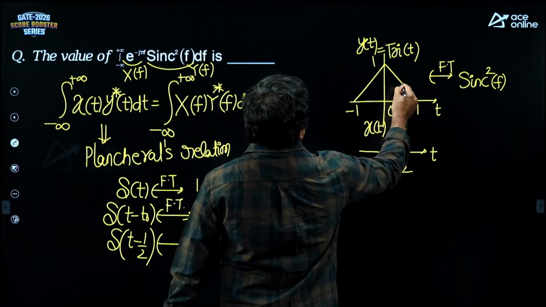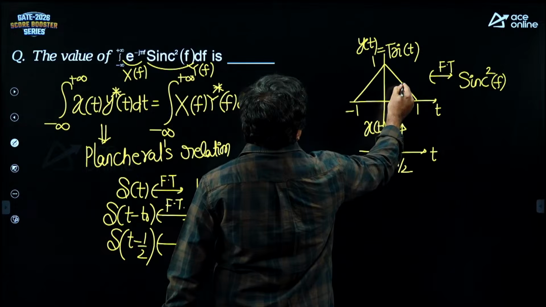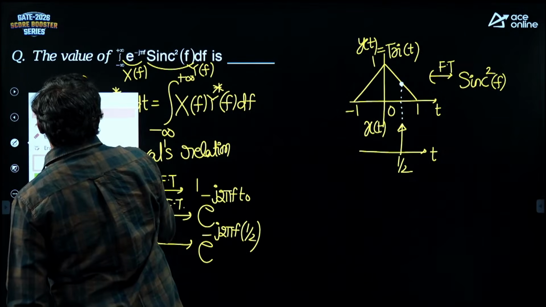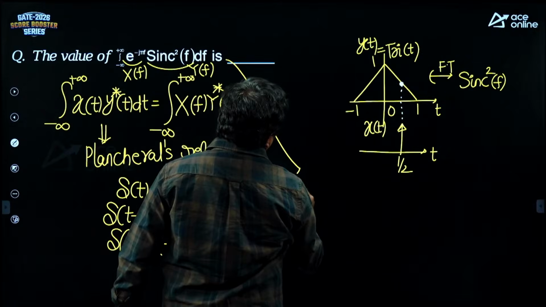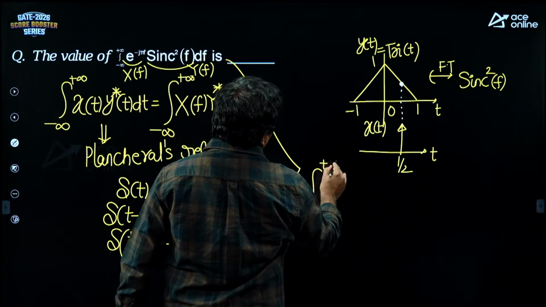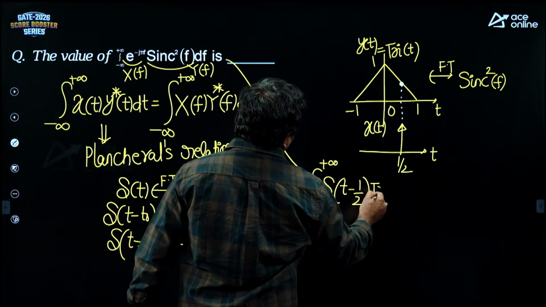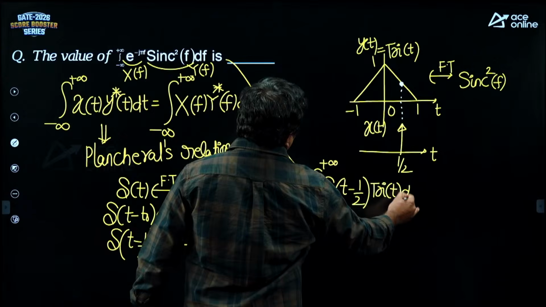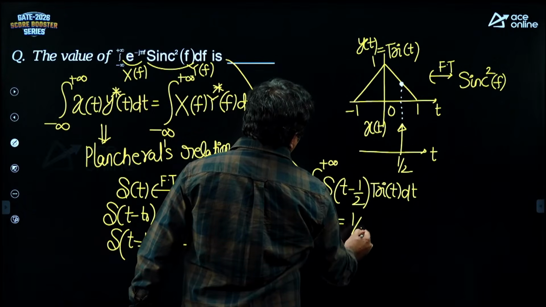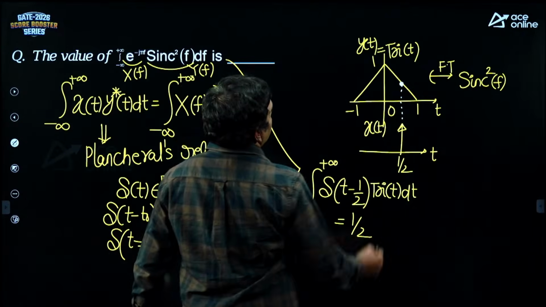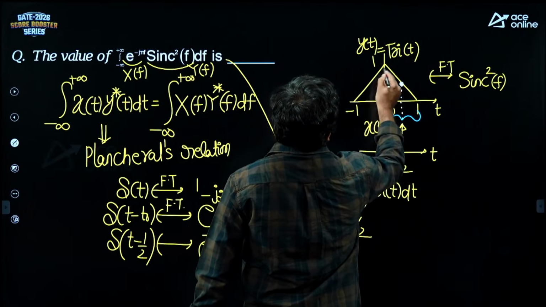Any term multiplied by an impulse, as we are finding the area, this result is equivalent to delta of t minus 1 by 2 into tri t. That becomes half. How? Let us see. For 1 unit width, your height is 1.